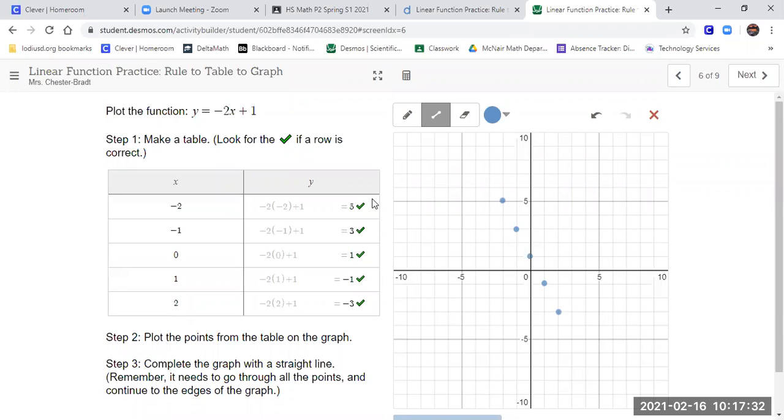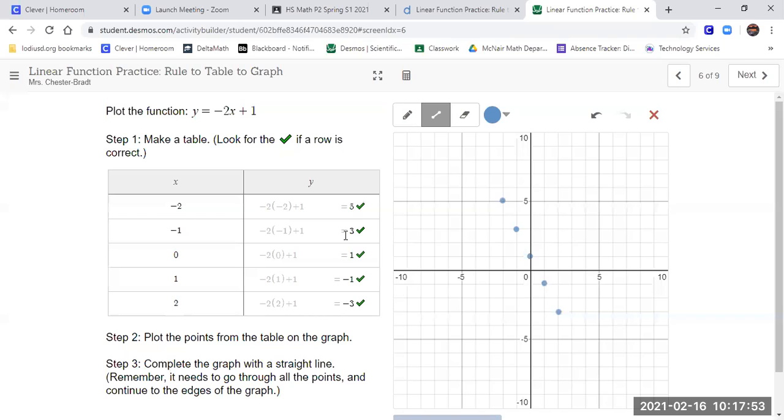Are the y's going up by +1 each time? No, they're not going up by plus anything. What are the y's going up by? What are the y's changing by? Because when I go up in my x's, I am not going up in my y's.